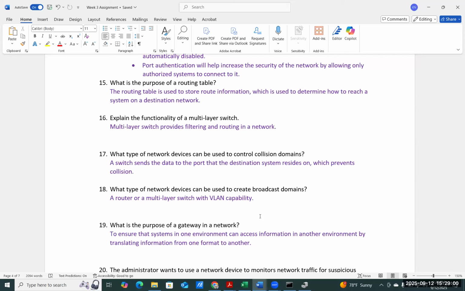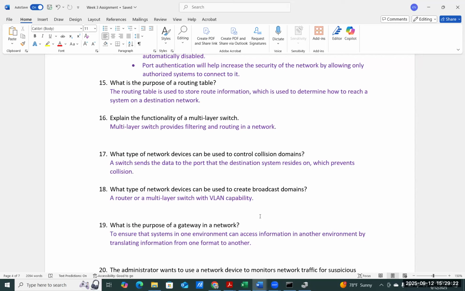A lot of the switches have to handle collision by detecting a certain area of the network that they can send to, so that way it would prevent collision. It's kind of like, if there's an accident on first street, then I would avoid that by going on second street. And the switch does that.